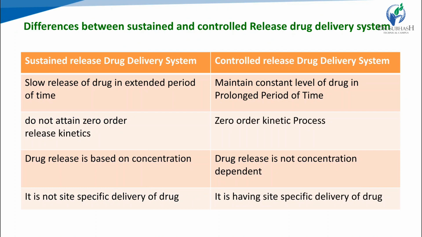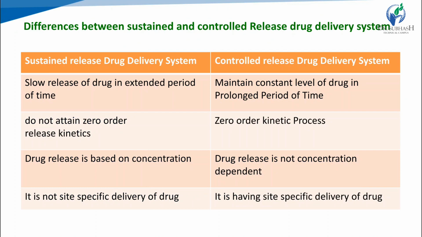In controlled release, that also goes for prolonged or extended release, but the release rate can be predetermined. We can control the release rate from the dosage form, so we maintain the level of drug release from the dosage form and maintain the drug concentration in the plasma. Sustained release does not attain zero order release kinetics.